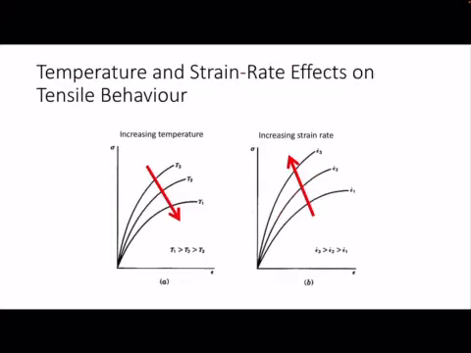And then lastly, something that's very important just to remember is that if you look at a tensile test, stress strain, if you look at the influence of temperature, you'll see that increasing temperature causes a drop in the stress, or the UTS, which is quite obvious. As you go to higher temperatures, your material becomes weaker.